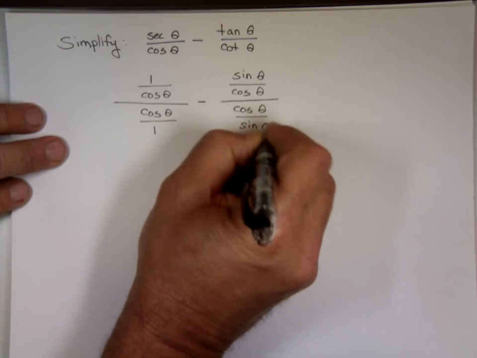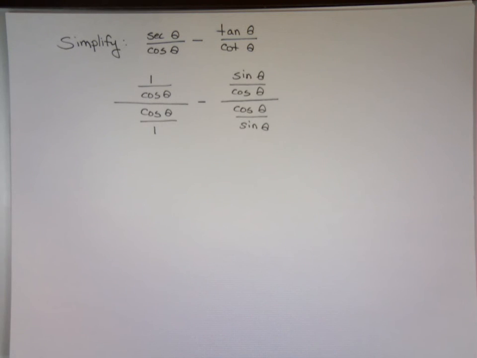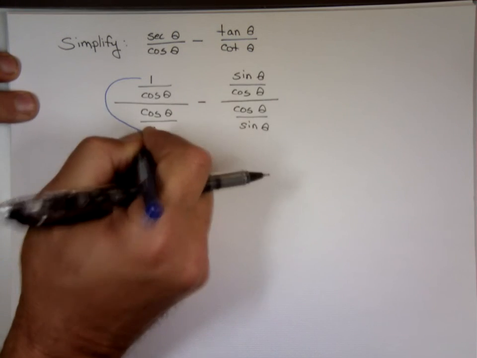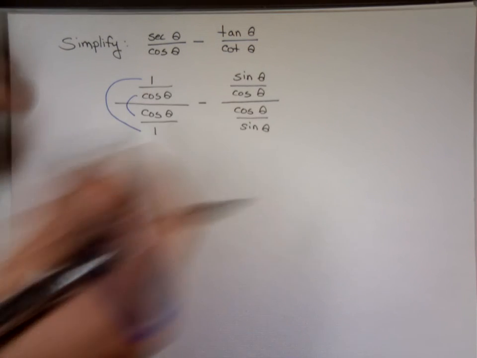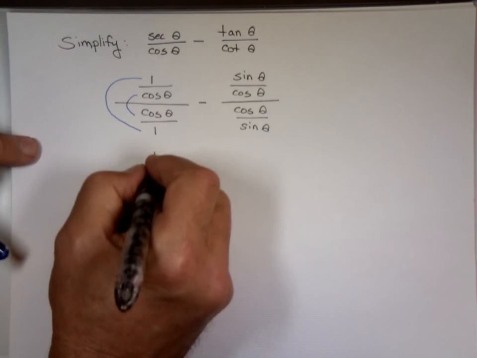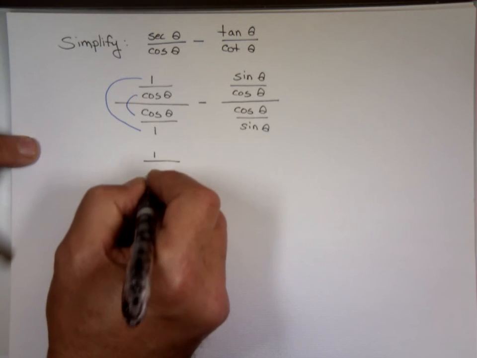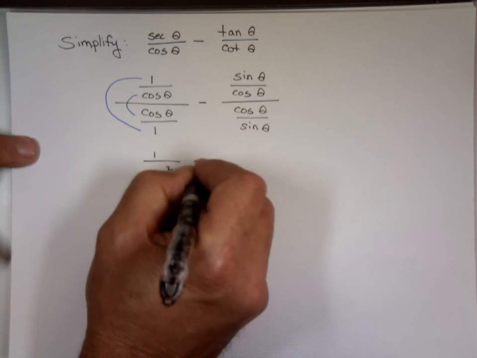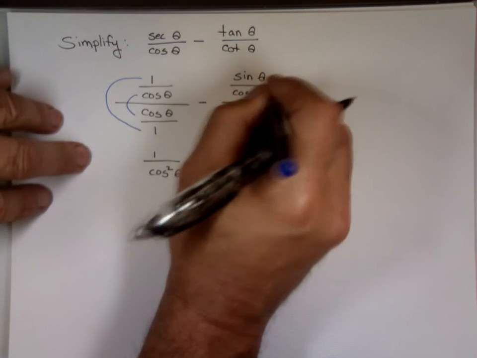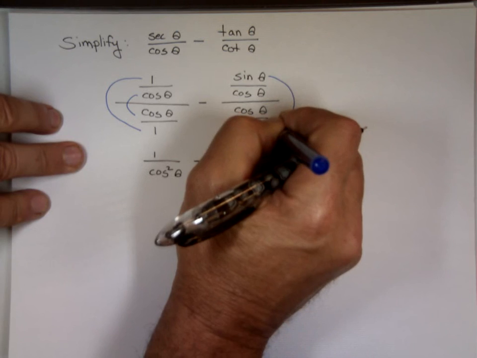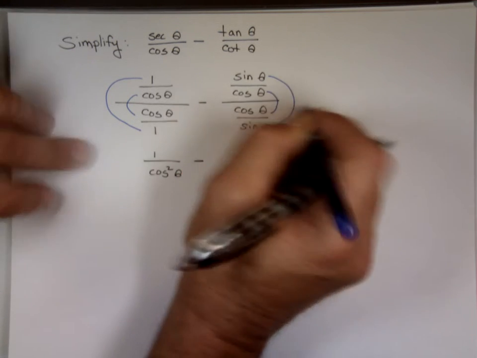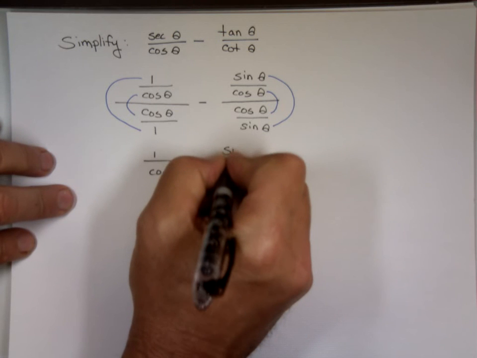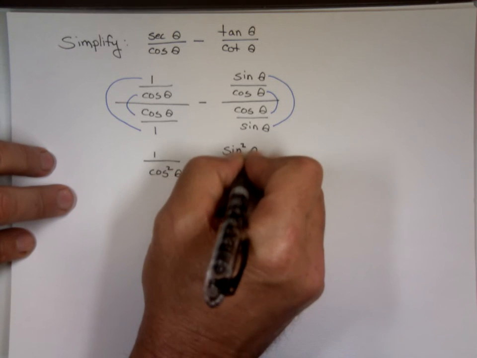Again, for both of these, outside over the inside. Multiply the outside over the inside. 1 times 1, it's 1. Cosine times cosine, cosine squared theta. Outside times the outside, inside times the inside. Sine times sine, sine squared theta.